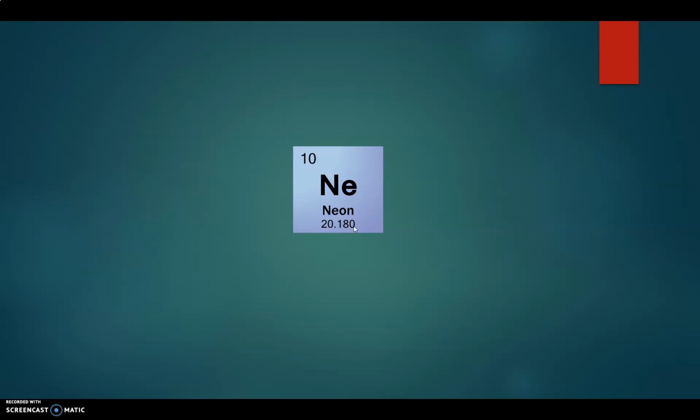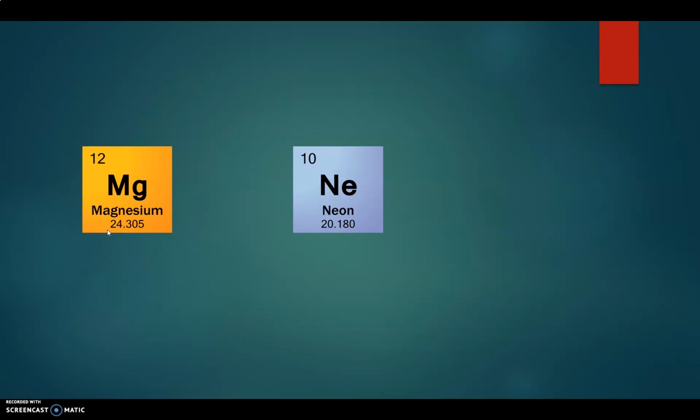Now, what makes that really nice for us is, if you look on the periodic table, the atomic mass of the element, if you're considering a single atom, then an atom of neon would be 20.18 AMUs. If we had an entire mole of neon atoms, it would be 20.18 grams. The same is true with every element on the periodic table.